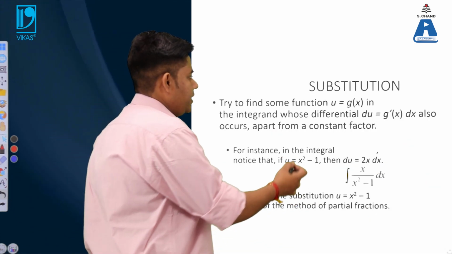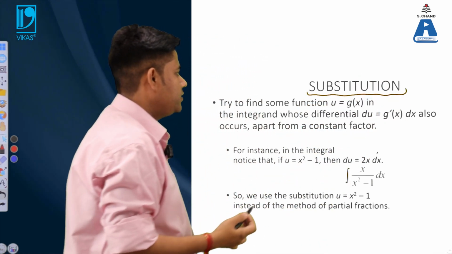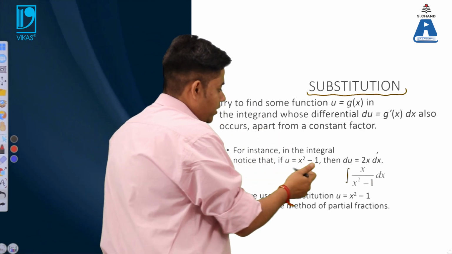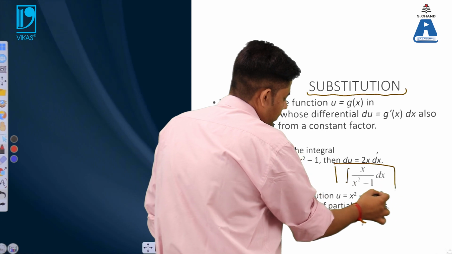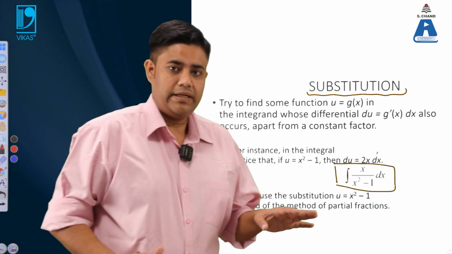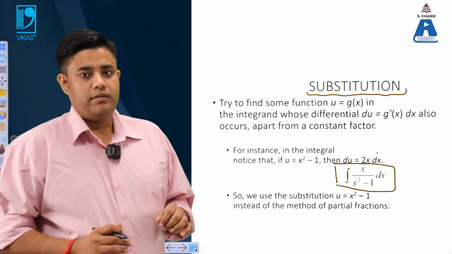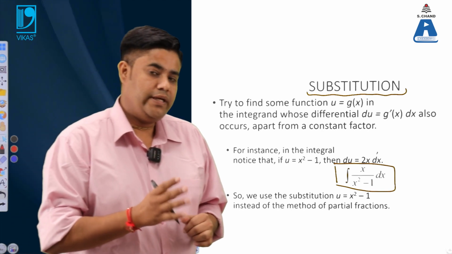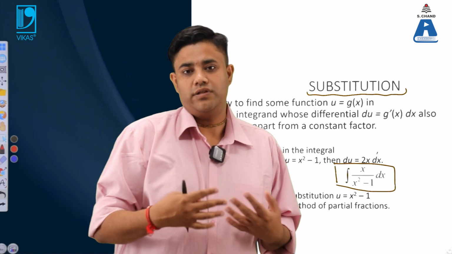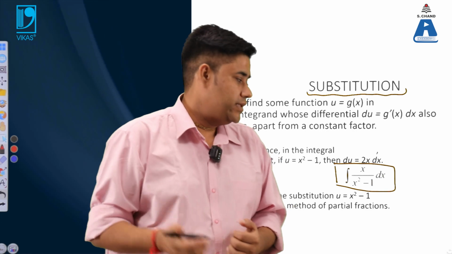So the second stage that we try while solving those integrands is the substitution method. Let's say we have this particular problem, which is x over x square minus 1. Seeing that the numerator is the derivative of the denominator, we'll substitute the denominator as another variable, let's say t.